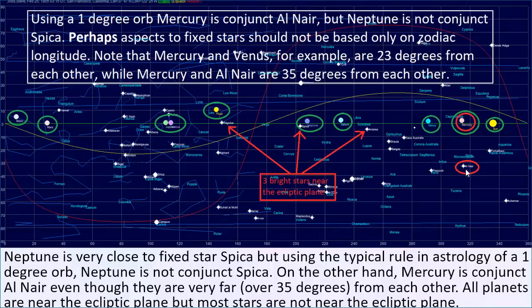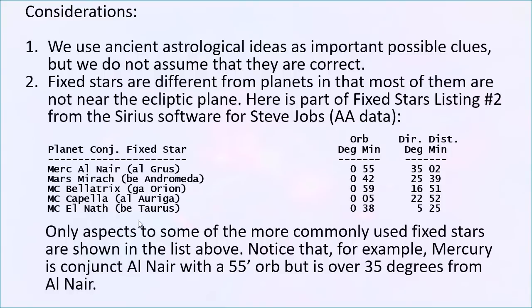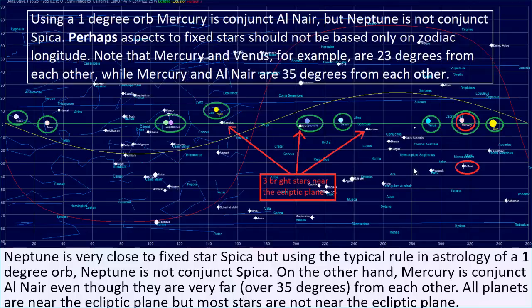Now let's go back to our listing. Remember, in our listing, it said that Mercury's conjunct Alnair with a 55-minute orb, but the direct distance is 35 degrees. Well, make believe Alnair is projected on the ecliptic plane, you can see it's almost exactly where Mercury is.